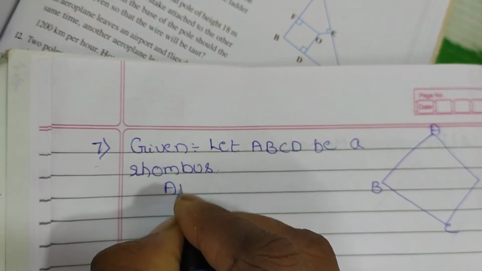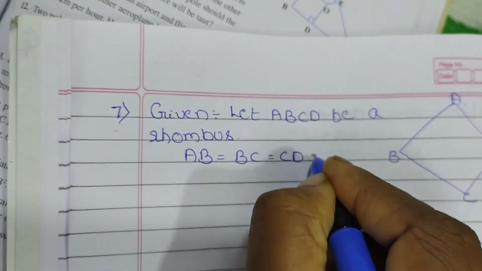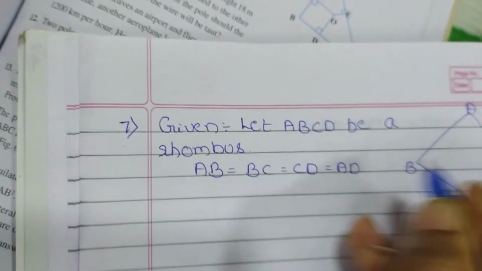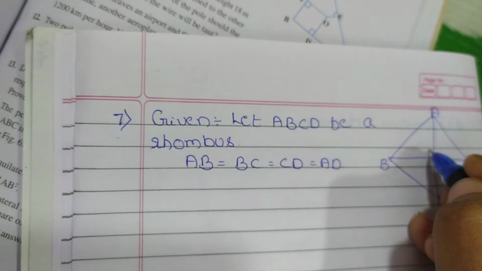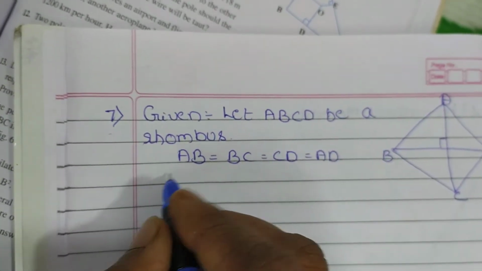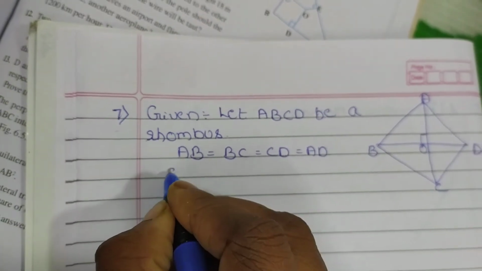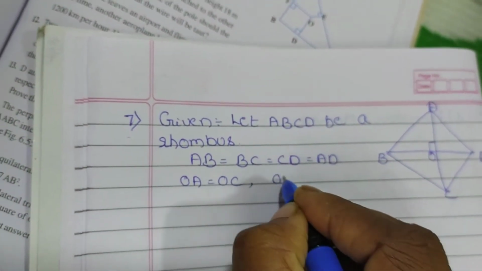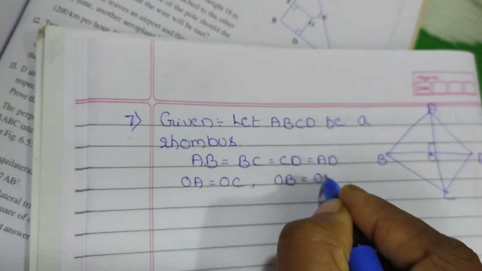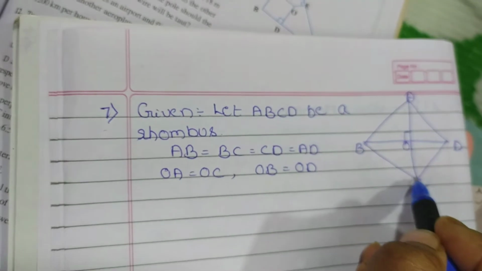So AB equals BC equals CD equals AD, and the diagonals will bisect each other at 90 degrees. If they are intersecting at O, we will take OA equals OC as well as OB equals OD. That means O will act as the midpoint of BD as well as AC.